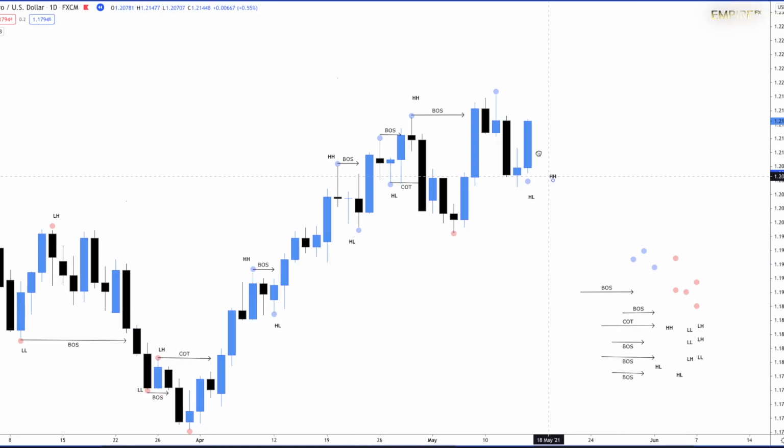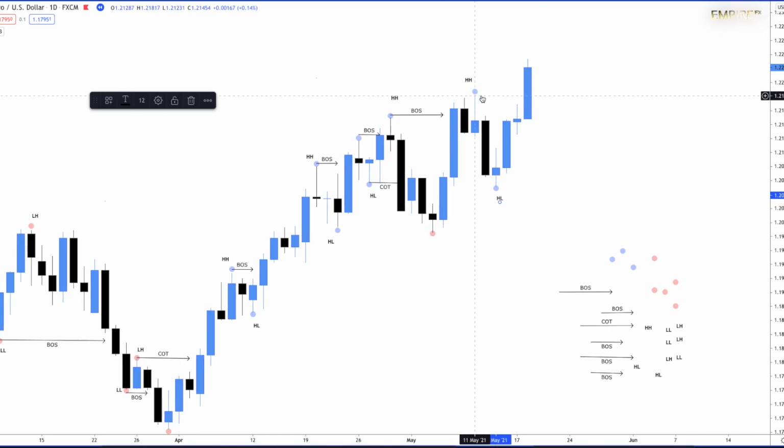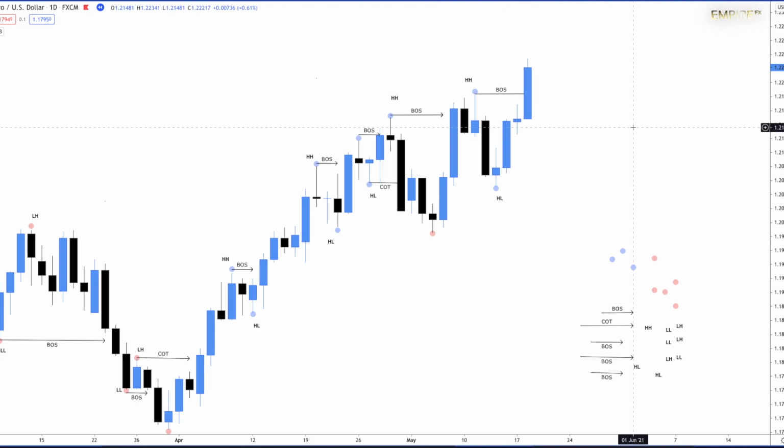Okay, so you've got your high here. Will this be a higher low? And there we go. We've had a breaker structure. We've broken this candle here. So we're still trending upwards for now, okay?